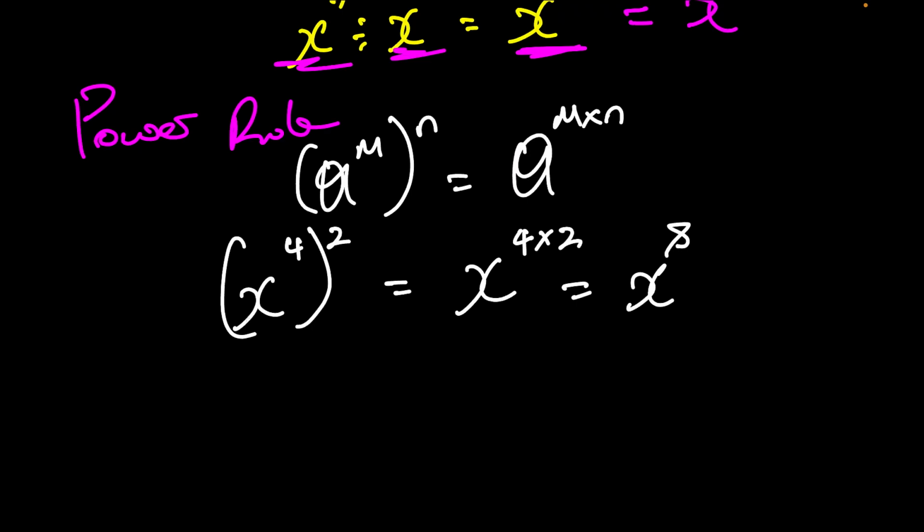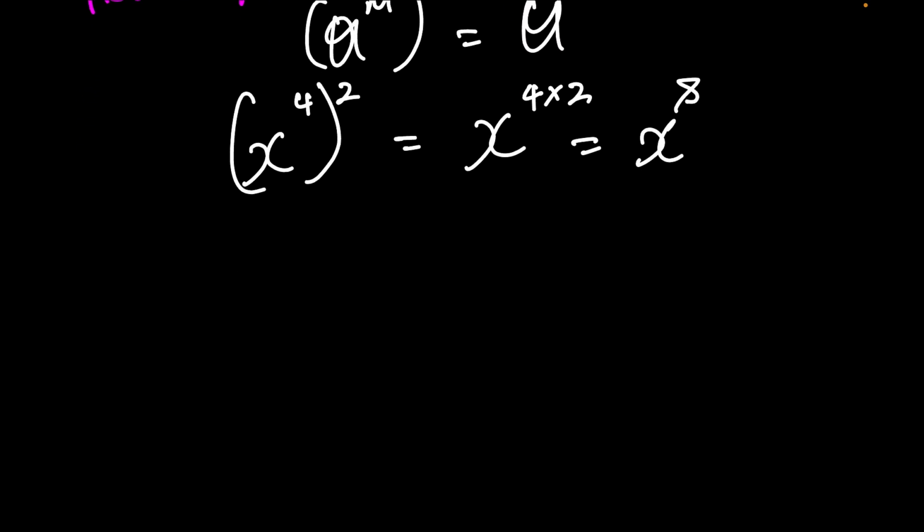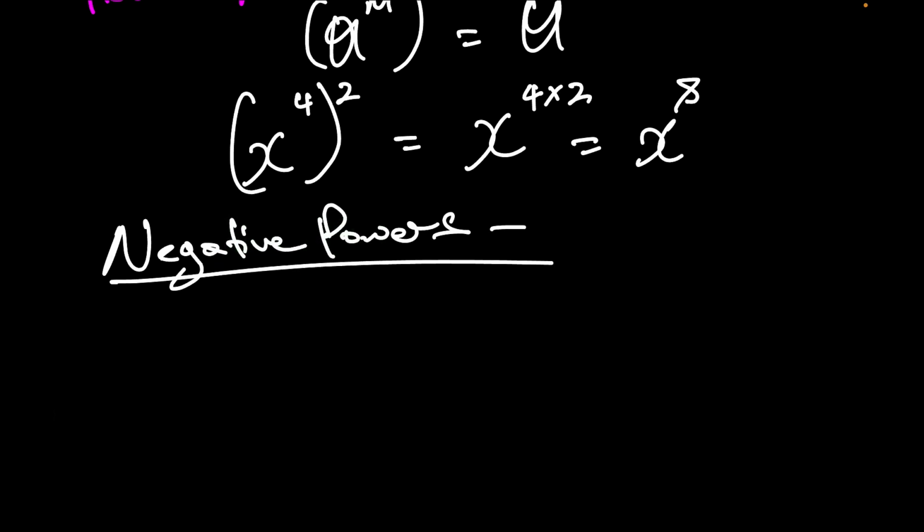Now, let's say we have some sort of negative powers. So this one is pretty straightforward. Again, let's say it's a to the power of negative n. Then we just write that same thing with 1 over a to the power of now positive n. And that's it.